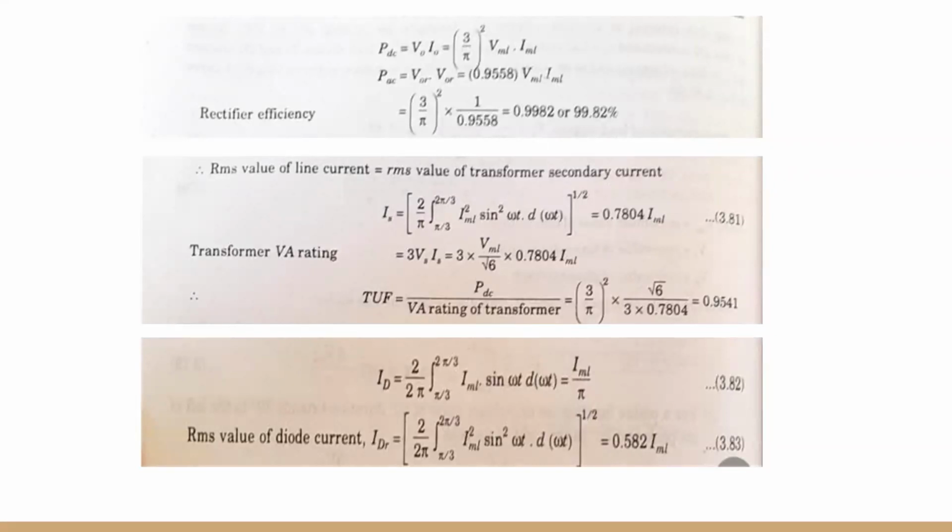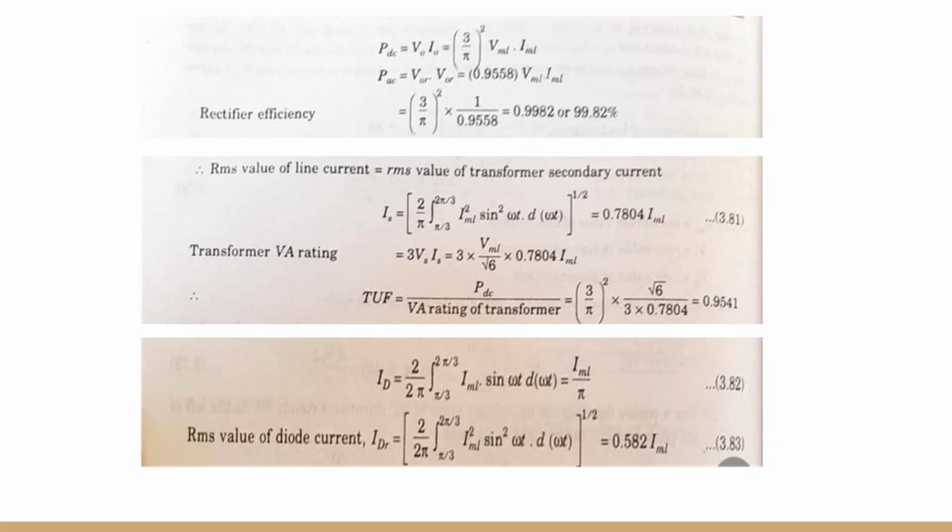It is seen from figure 3.40 from the earlier slides that the value of VAB at omega t equals 0 is VML into sine 30 degree and its periodicity is 60 degree or pi by 3 radian. Therefore, V0 equals 3 by pi integration from pi by 6 to pi by 2 of VML sine omega t plus 30 degree d omega t.